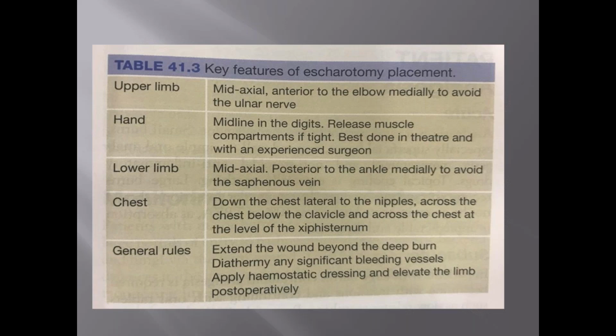In chest, down the chest, lateral to the nipples, across the chest below the clavicle, and across the chest at the level of the episternum. General rules followed: extend the wound beyond the deep burn with diathermy. If any significant vessels are present, apply hemostatic dressings, and elevate the limb post-operatively.